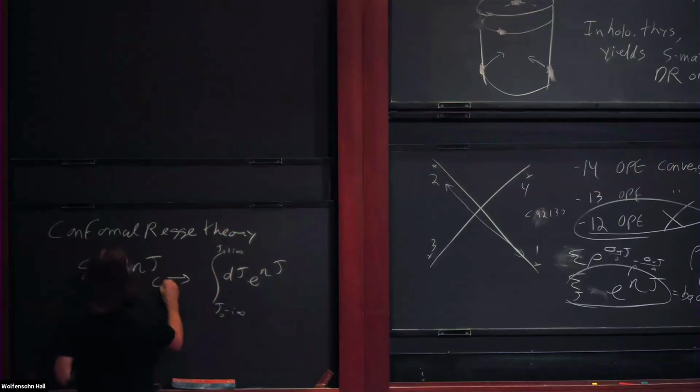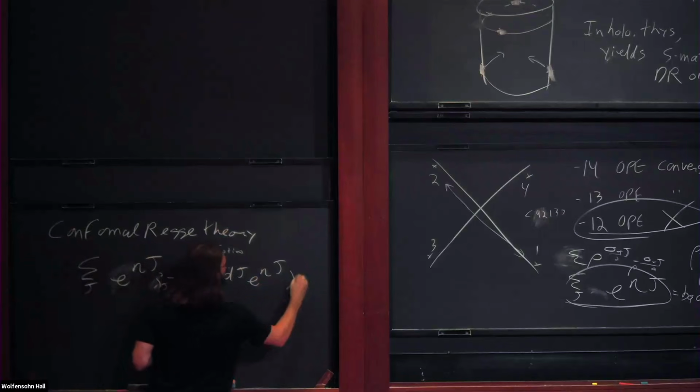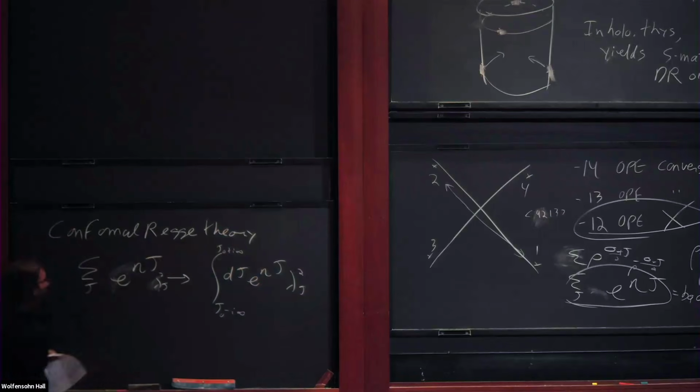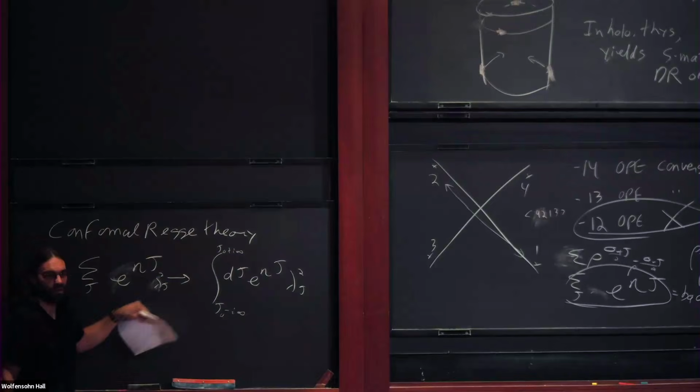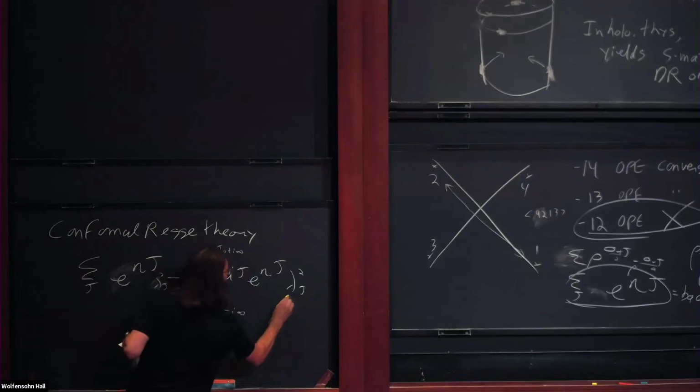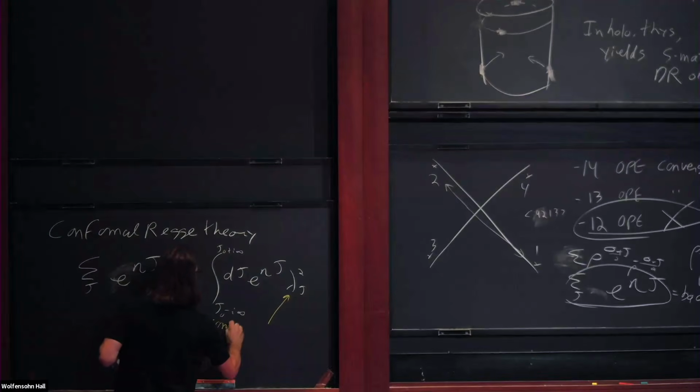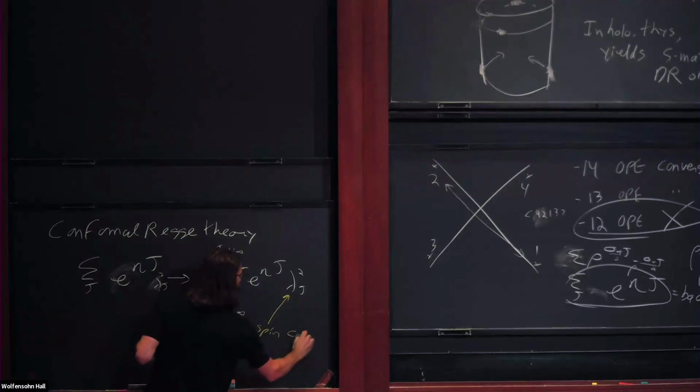And the coefficients, lambda squared of j, are now evaluated at imaginary, complex spin. So somehow complex spin controls this limit.